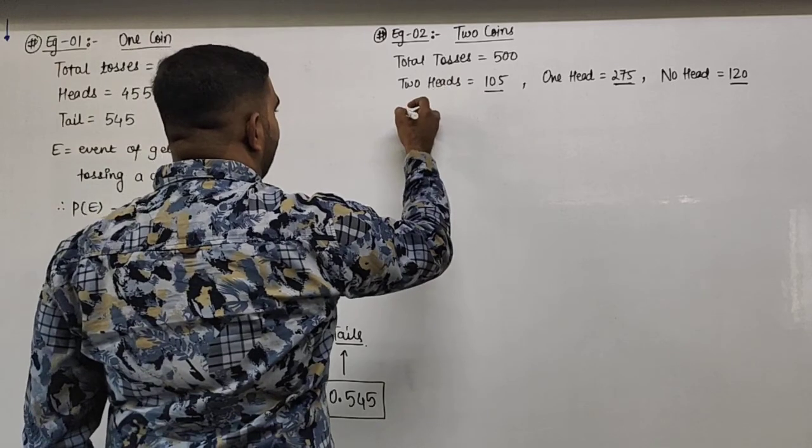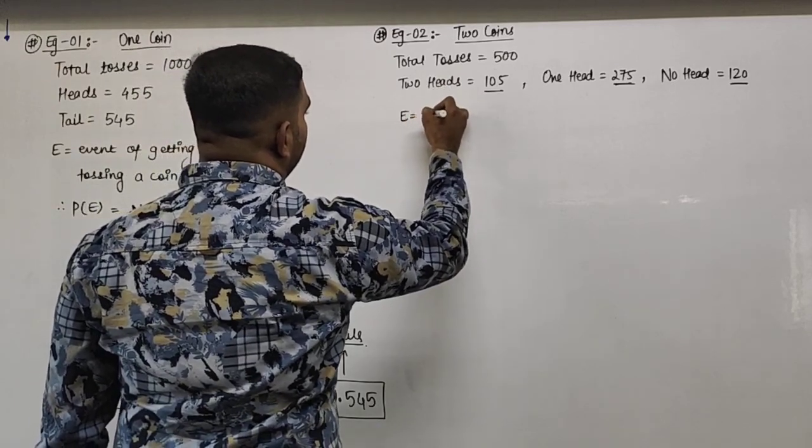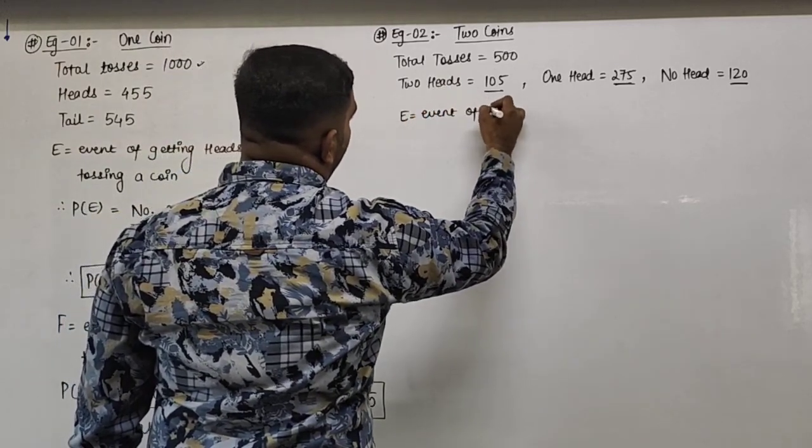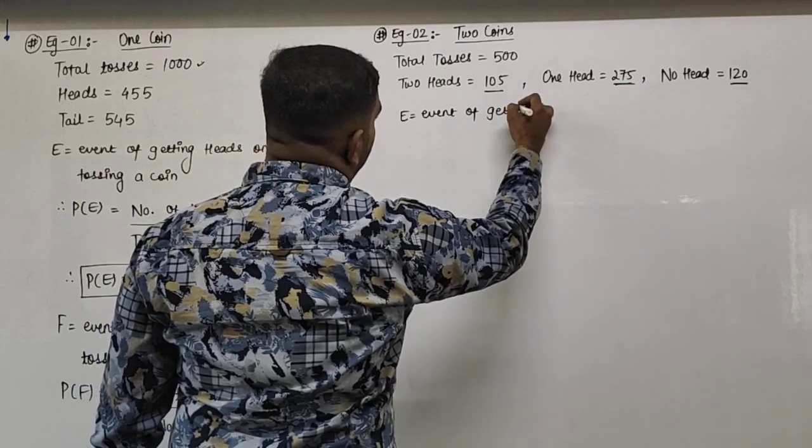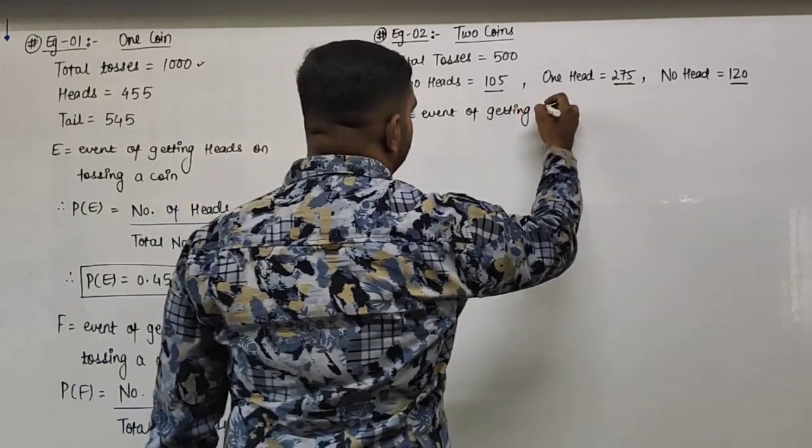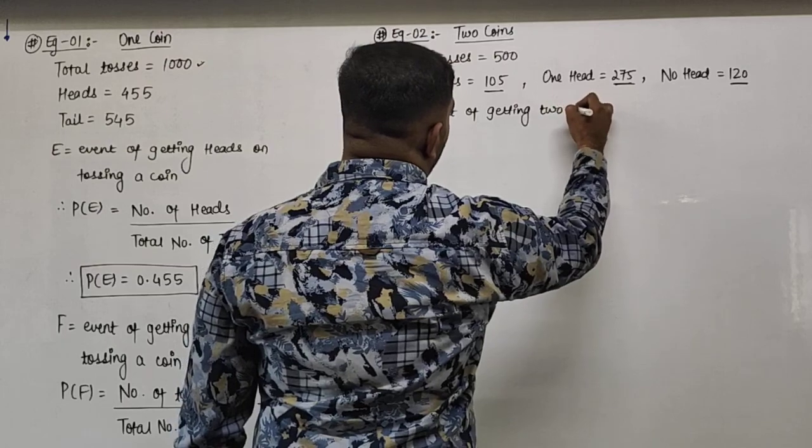So first of all, let us say E is the event of getting 2 heads.